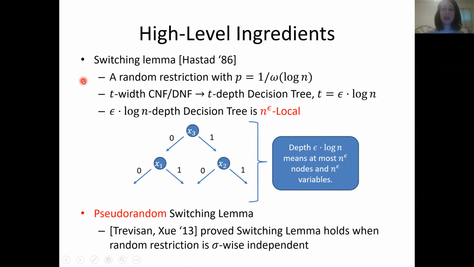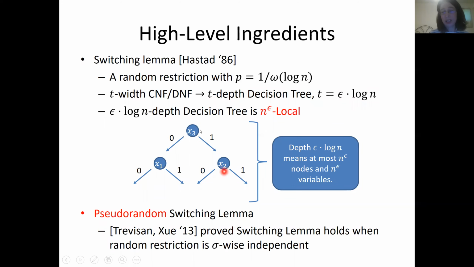The switching lemma says that if you take a width-t CNF or DNF, so this is a depth 2 circuit with the number of variables in each term at most t, and you hit it with a random restriction, I'll talk more about what a random restriction is, but basically you set some of the input bits to 0 or 1 at random, then it collapses to a depth-t decision tree. And here we should think of t as epsilon times log n.